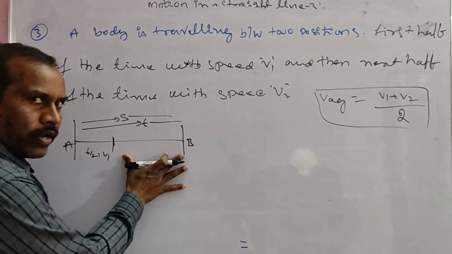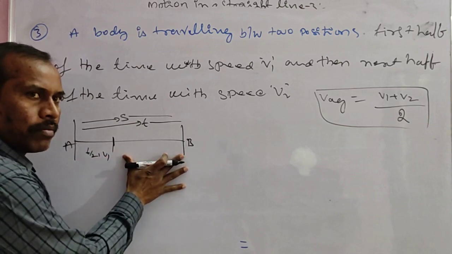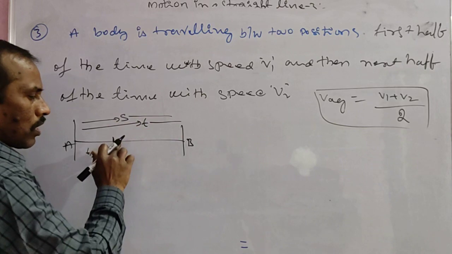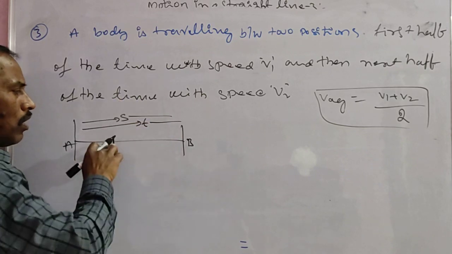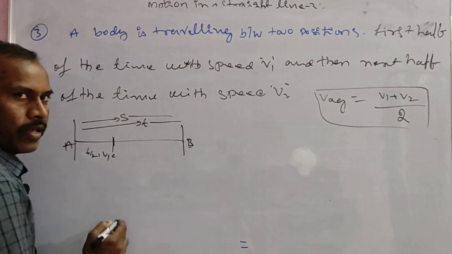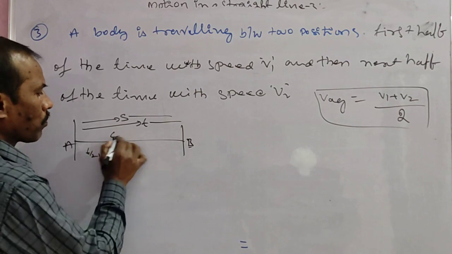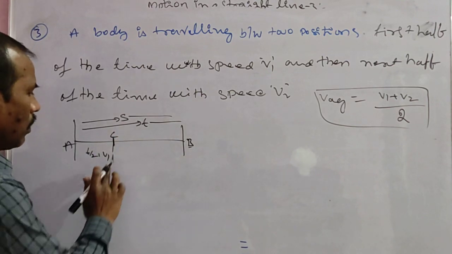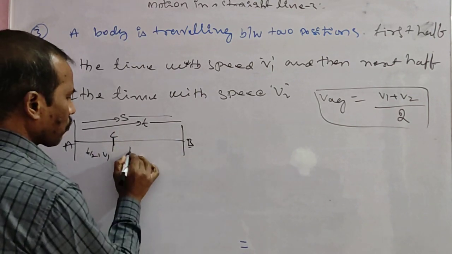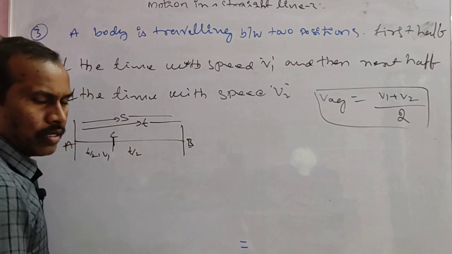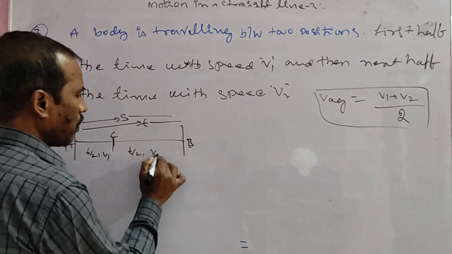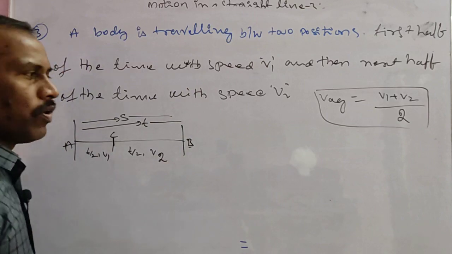The second half of the time, the body travels from C to D, is t/2 with speed v2.